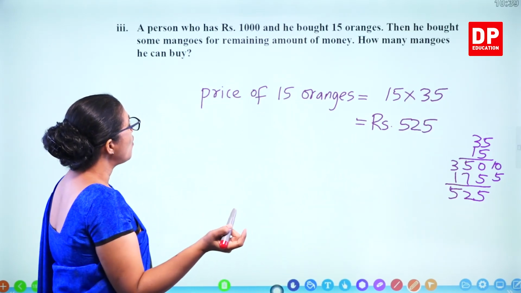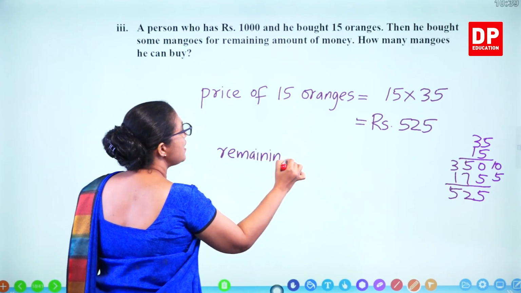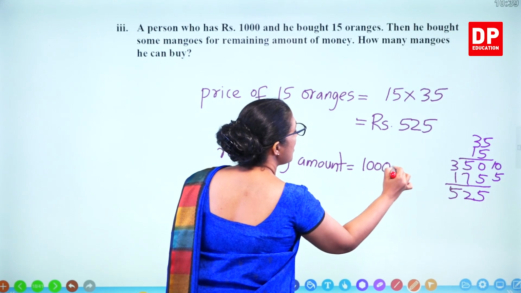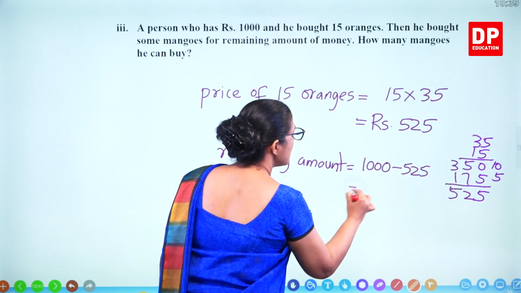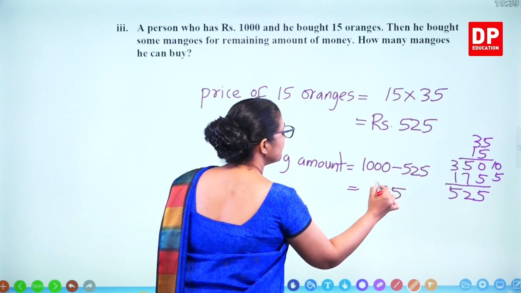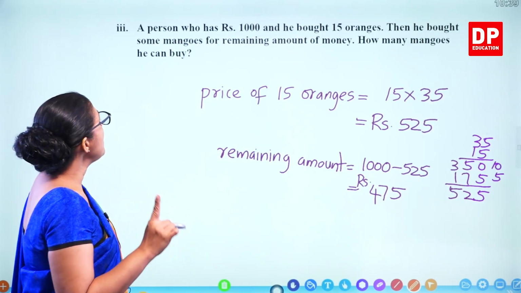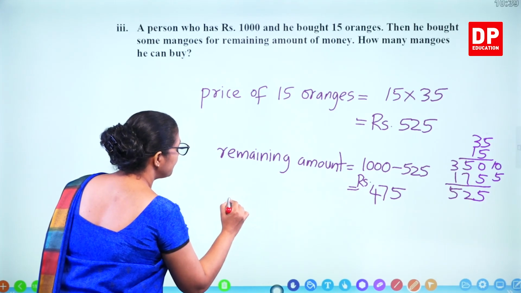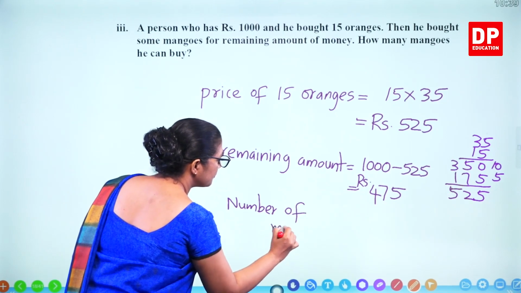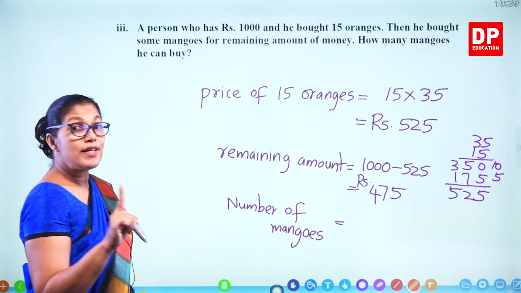So when you give 1000, what's the remaining amount? Remaining amount is 1000 minus 525 rupees. So you get 475 rupees remaining. So how many mangoes can you buy from this? Number of mangoes. Each mango is 25 rupees.